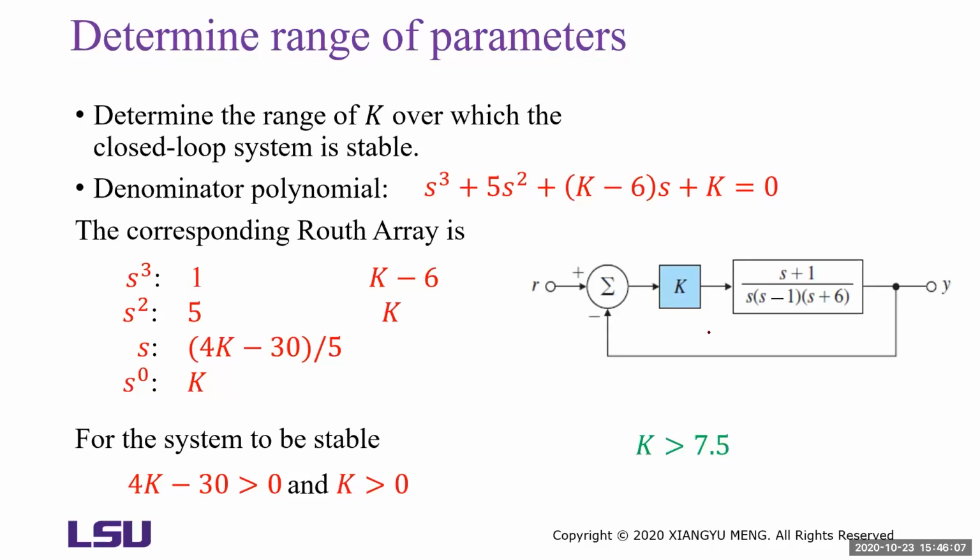It would be very difficult to get this using MATLAB alone, but when you assign any value to k, then you can use MATLAB to calculate the roots. Even though you pick k greater than 7.5 to make the system stable, different values of k may give you different responses.